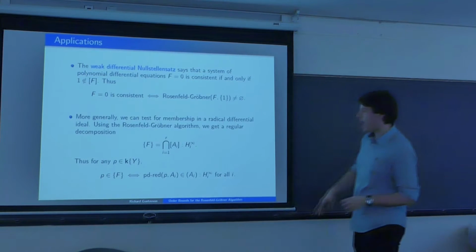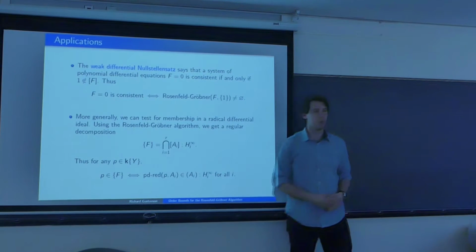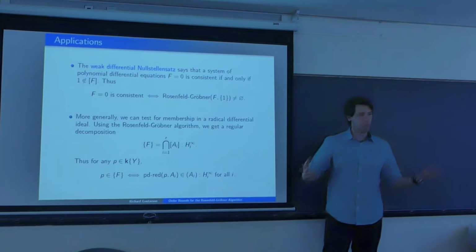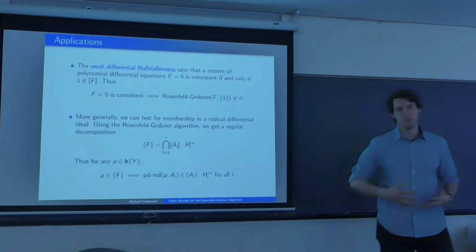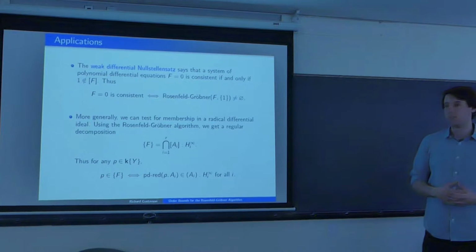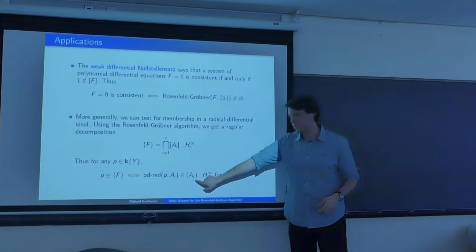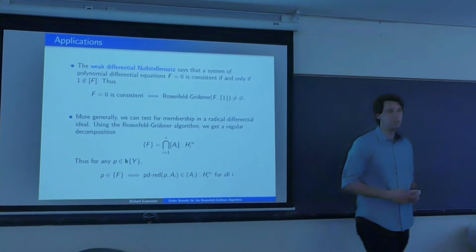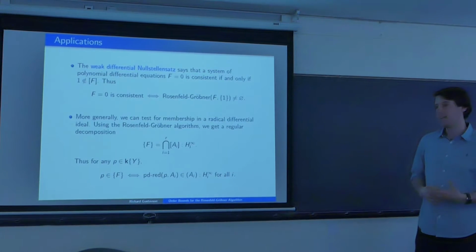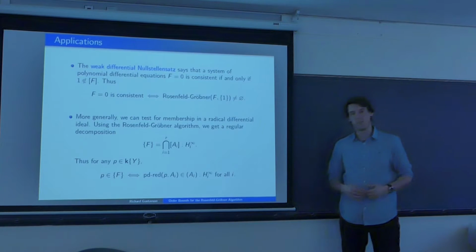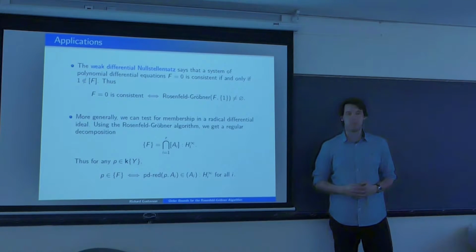We have algorithms to compute this partial differential reduction, and this is an algebraic ideal, so we have an algorithm to test for membership in that ideal. So we can test this condition on the right here. We can now determine whether or not any polynomial is in a given radical differential ideal.